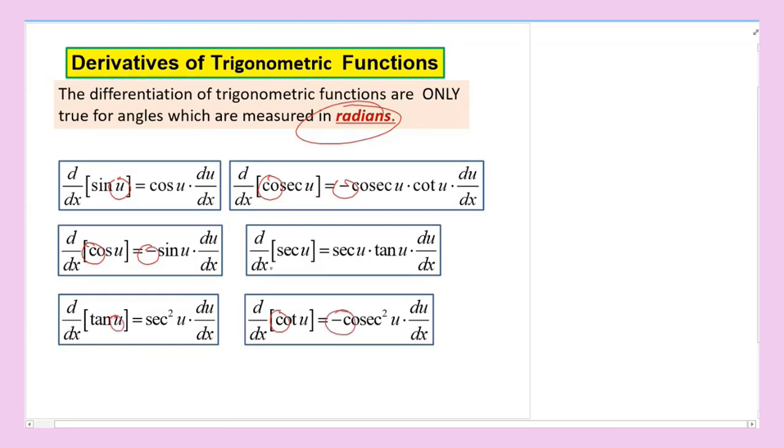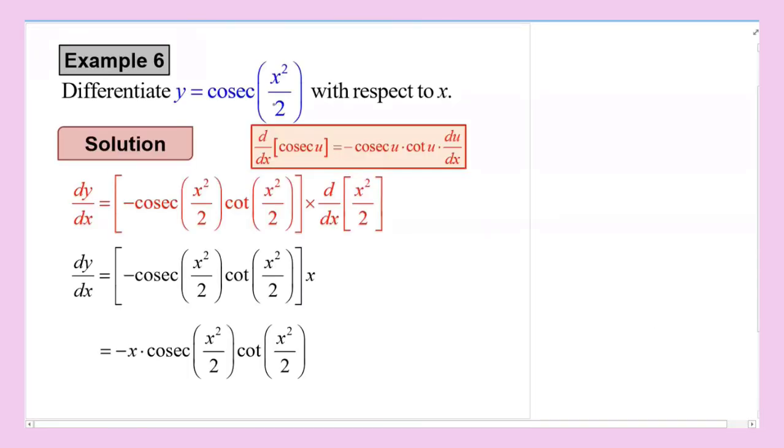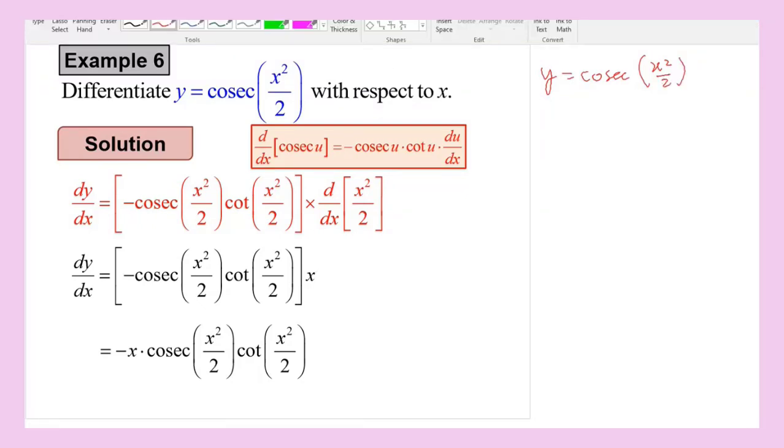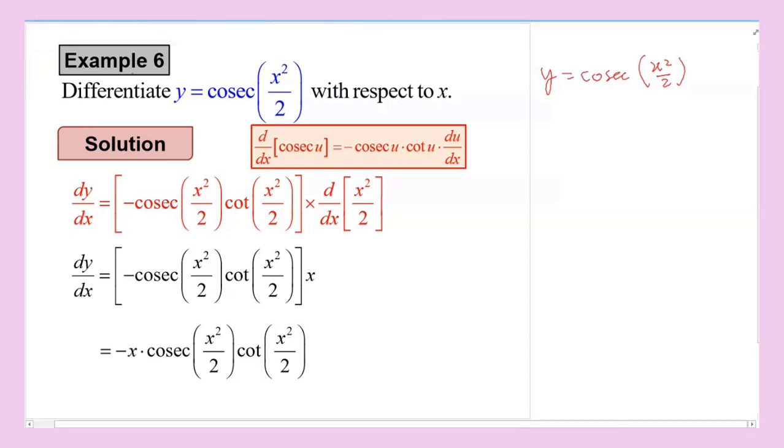Okay, let's look at an example. Differentiate y equals cosecant of x squared over 2 with respect to x. It looks complicated, but it's okay, we go slowly. dy dx, cosecant.